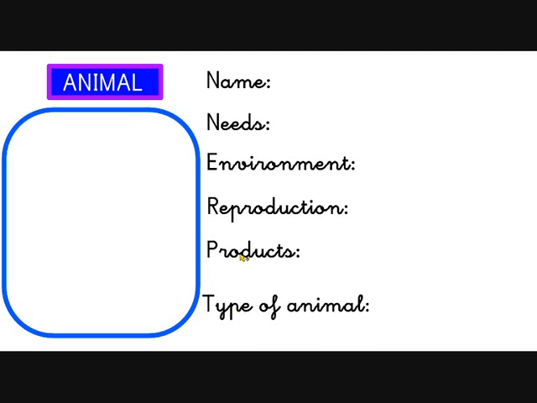Maybe if you're talking about a cow, you know that from the cow we get milk, cheese, meat, leather. Lots of things from a cow. And what type of animal is this? The cow, is it domestic or wild? Okay, is it clear? I think this is easy.